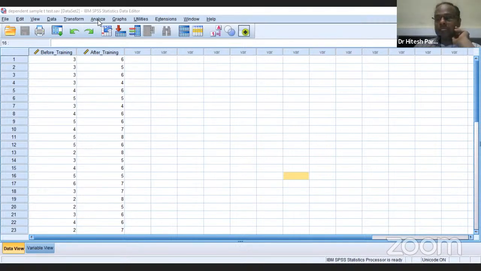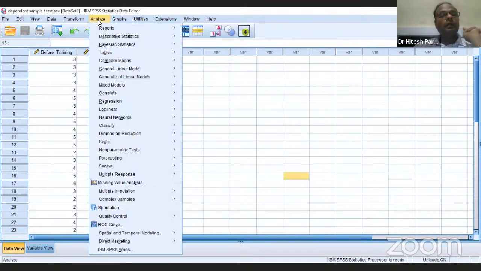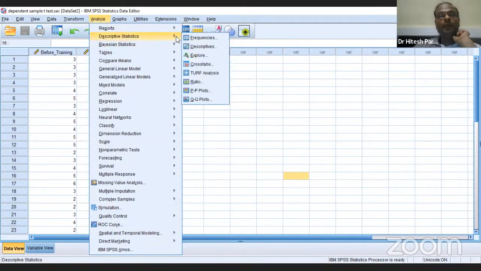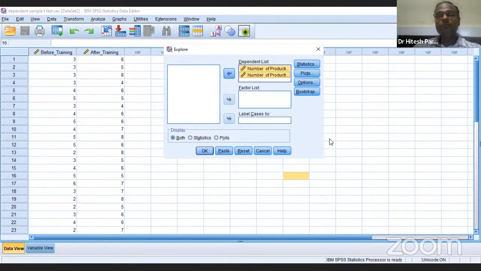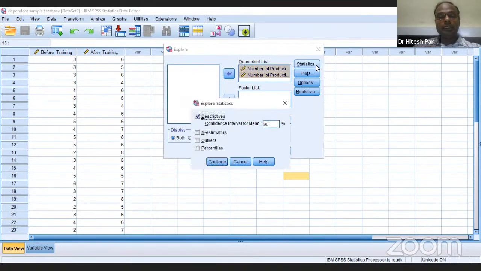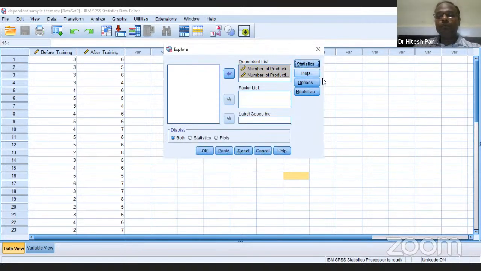So what is the first step? Testing the normality. Let us go to Analyze, Descriptive Statistics, and Explore. Both the variables should be normally distributed, so let us transfer them into the dependent list. Click on Statistics, outliers, continue.